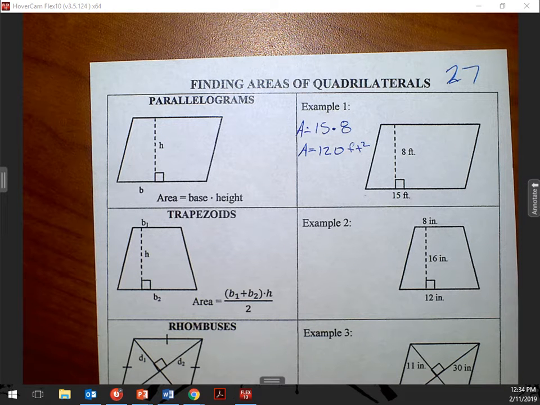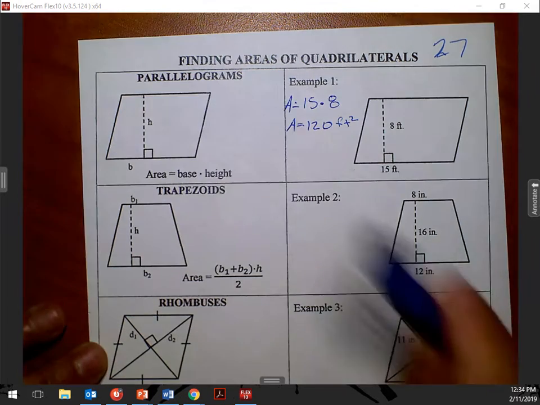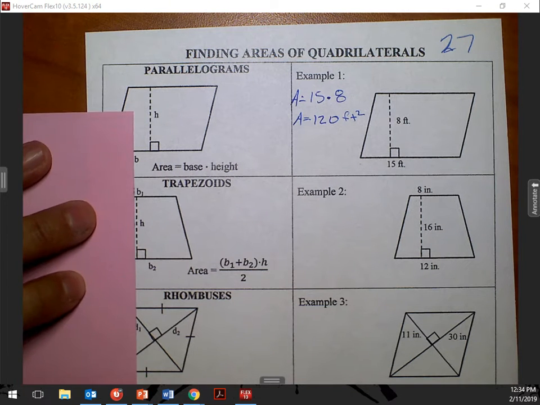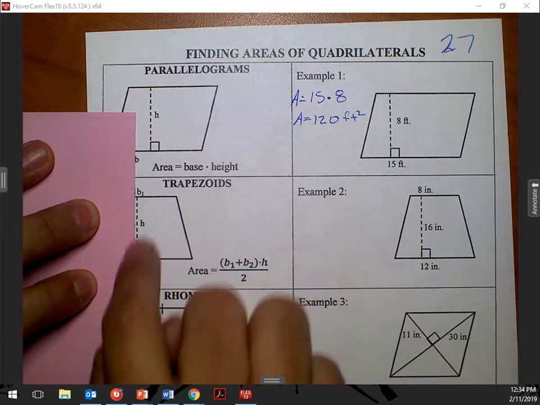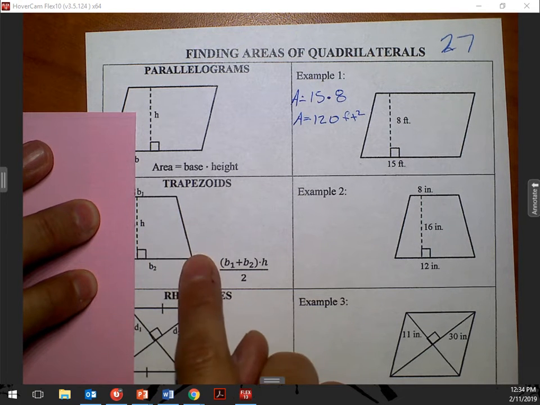Now, a trapezoid, there's actually a couple different types of trapezoids. Let me cover up part of this so you guys can see. This right here would also be a trapezoid if this goes straight up and down on this side, and I still have this slant over here on this side.